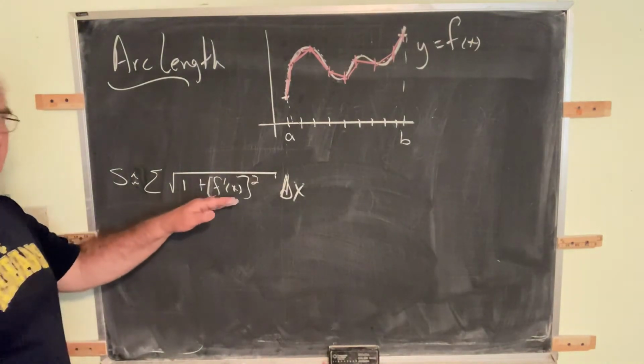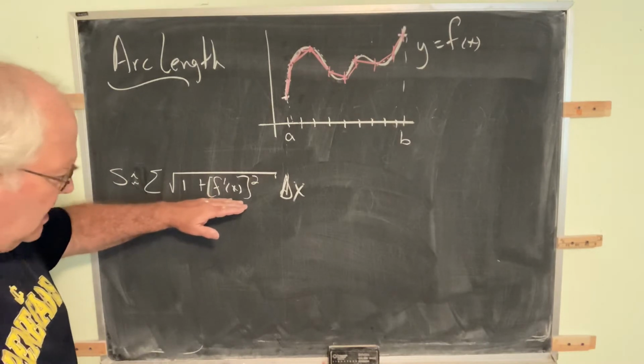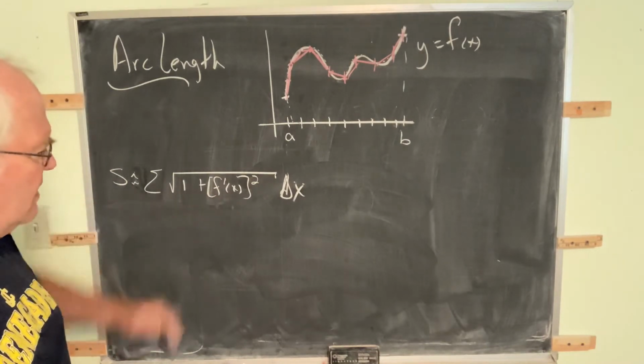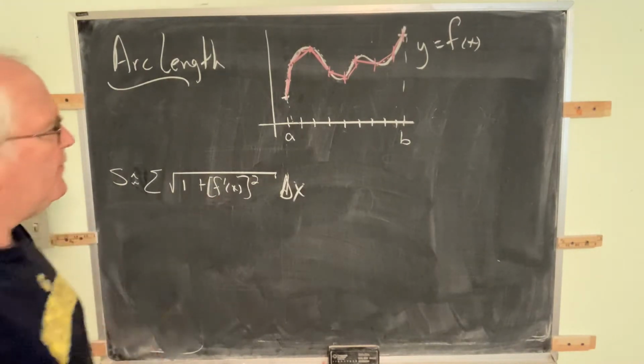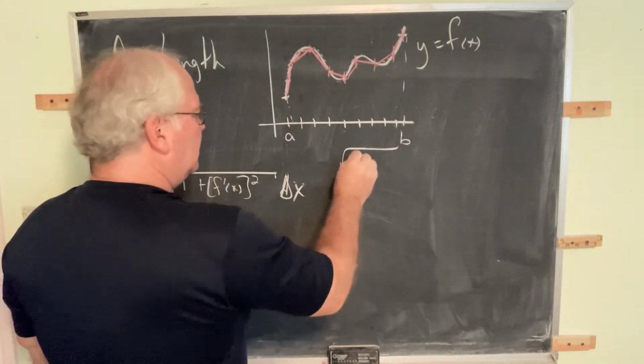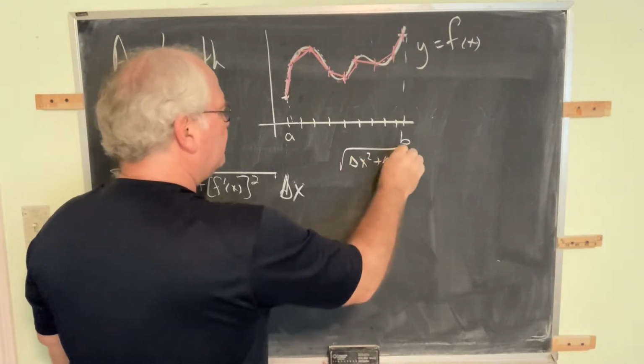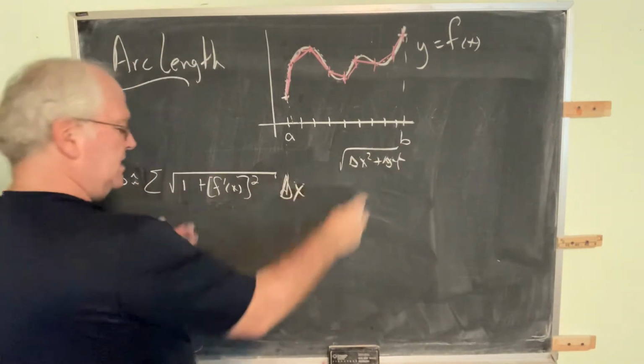Where this comes from is a boatload of algebra and some factoring that's kind of weird, and it actually stems from the distance formula. The distance formula is given by delta x squared plus delta y squared, and you can see this kind of arises from that.